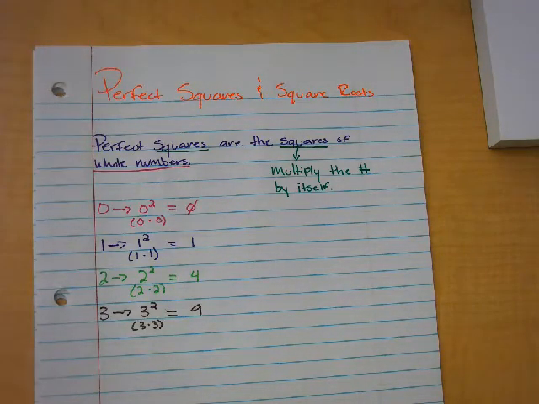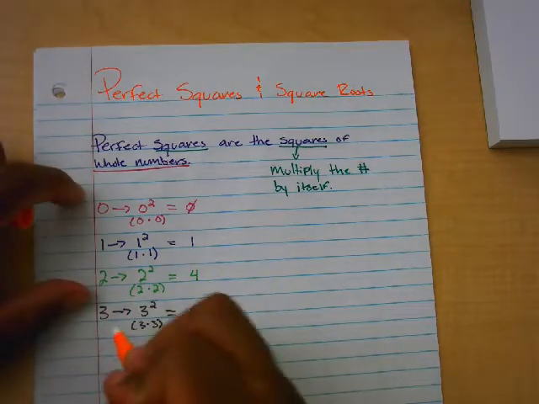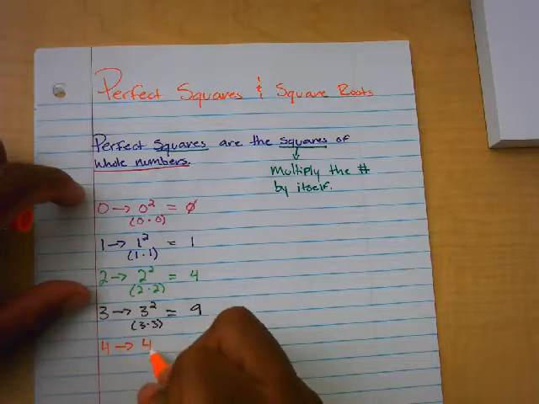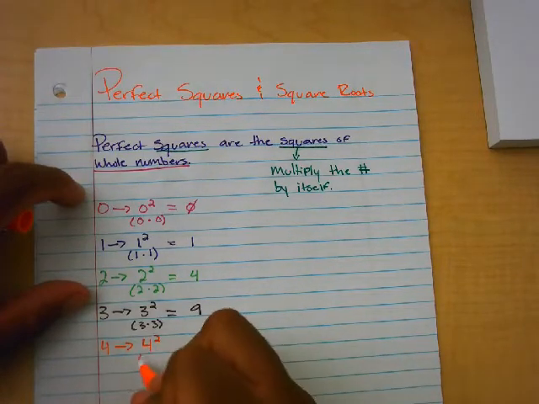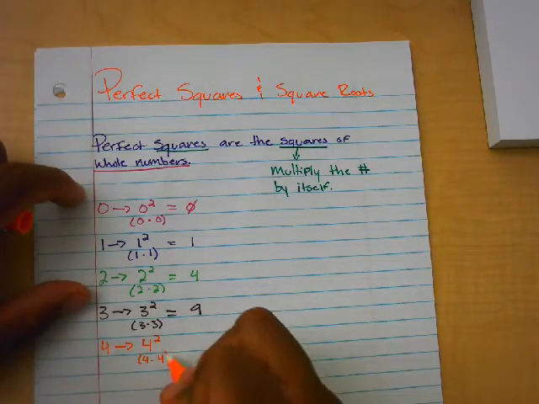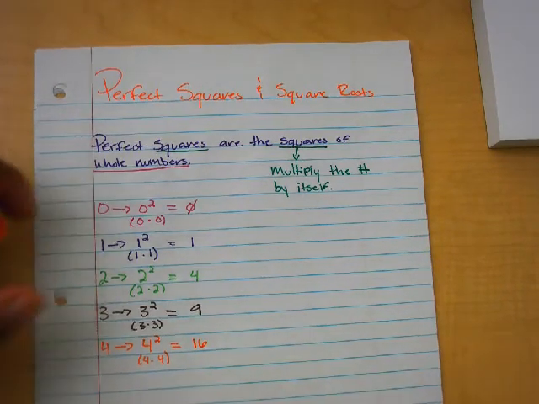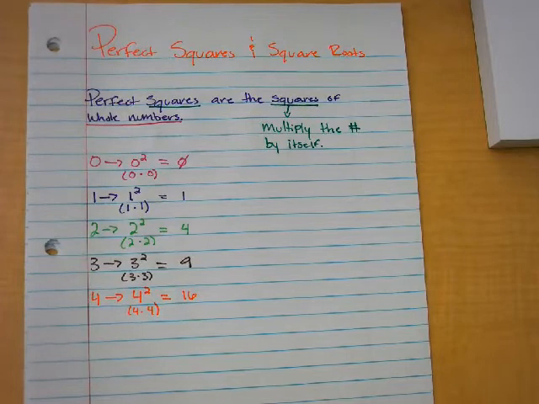I'll do one more. You have 4. 4 squared is 4 times 4, and that gives me 16. So 16 is a perfect square.